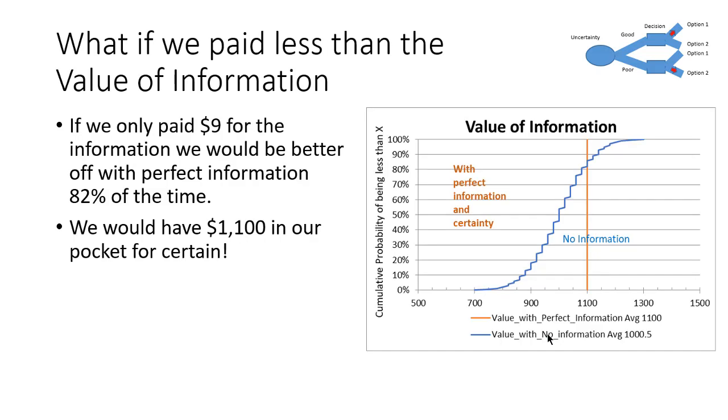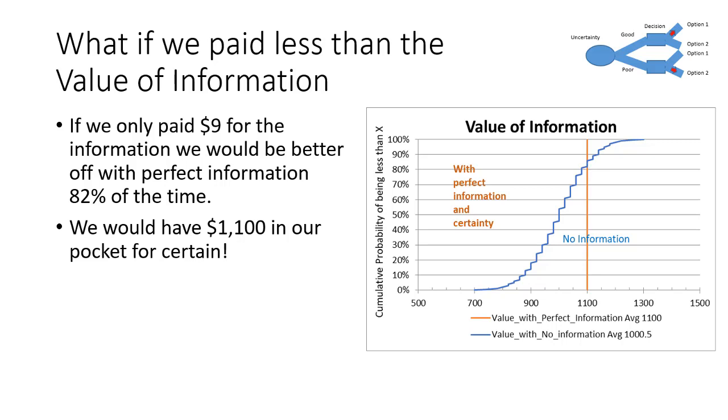So what if we paid $9 for the information? Well, now the no information case hasn't changed, but my perfect information has moved up to 11. And so now I have an 82% chance of being better than picking an envelope at random.